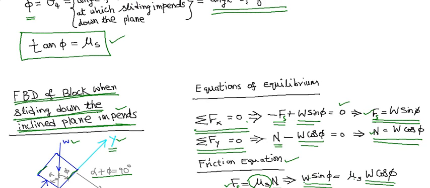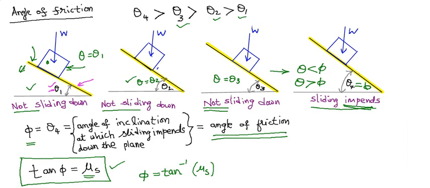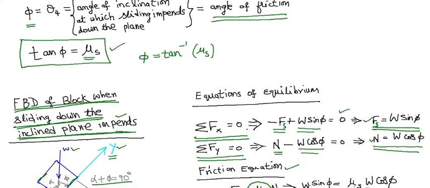Once we know the coefficient of friction, we can use this equation to find the angle of friction, that is the angle of inclination of the inclined plane at which the sliding impends. This is what we define to be the angle of friction.